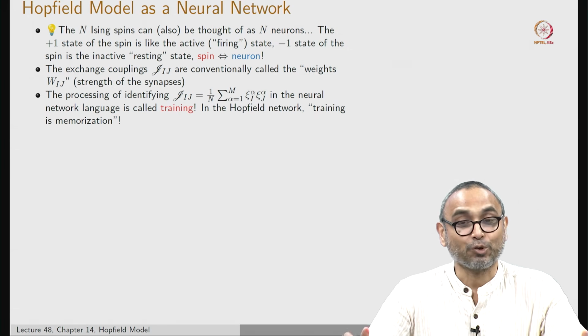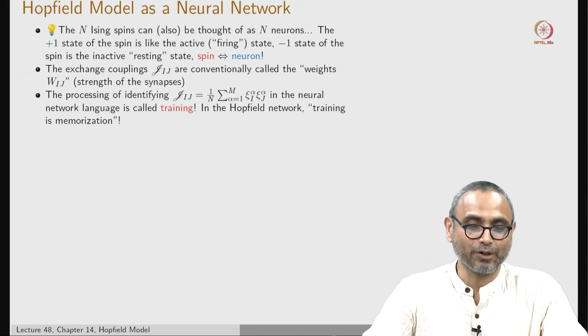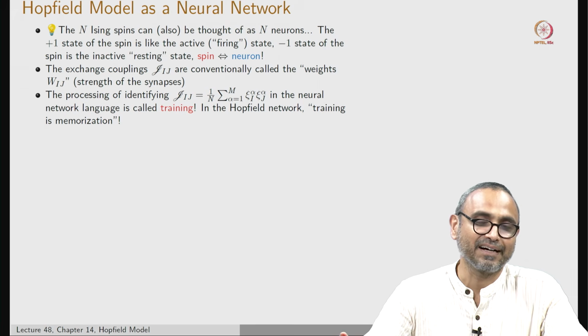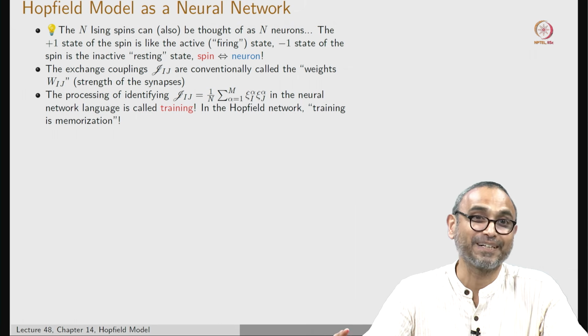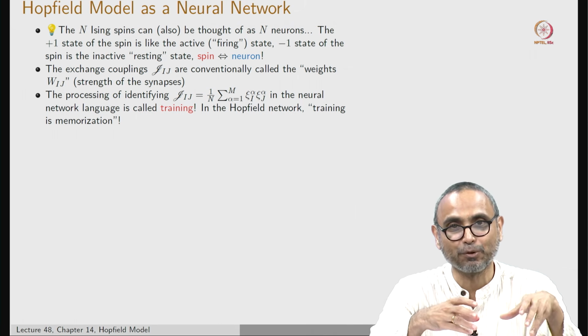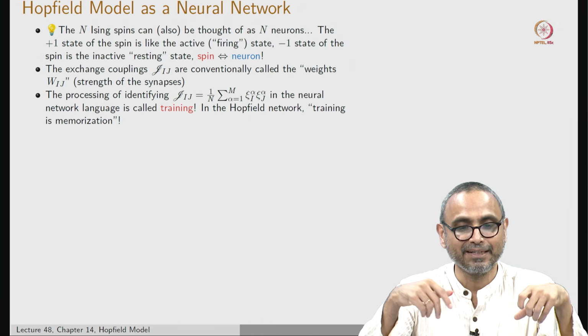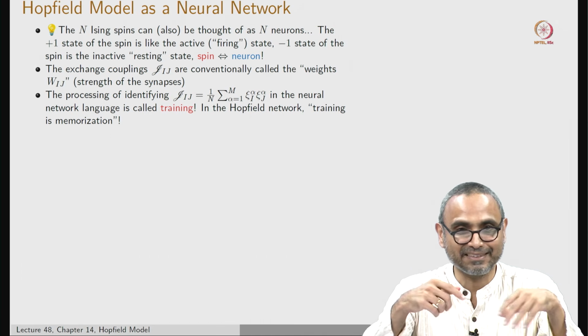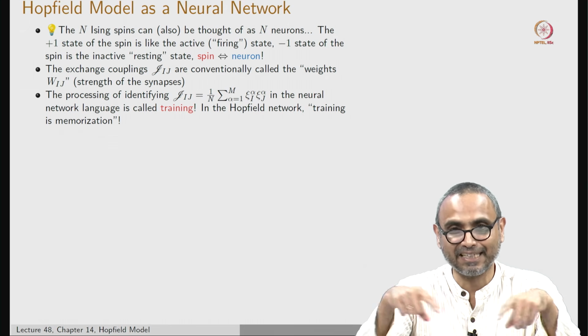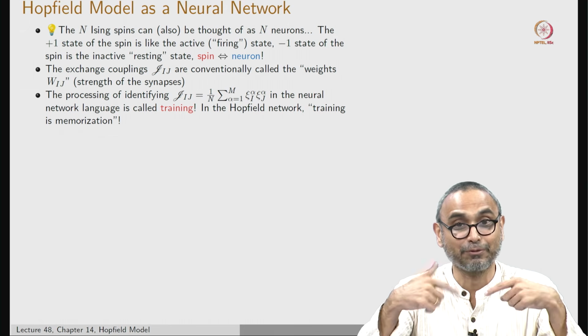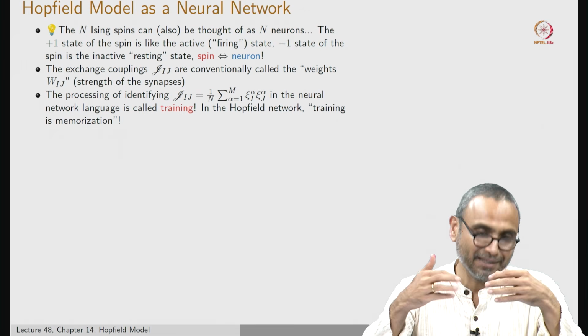Okay. Now to connect further with the neural network language, typically a neural network has to be trained. So a neural network has some input data, and then there is an output, there could be many layers and so on. There are these neurons in each layer, and there are connections between them which are the weights, and they have to be trained to achieve a certain purpose.